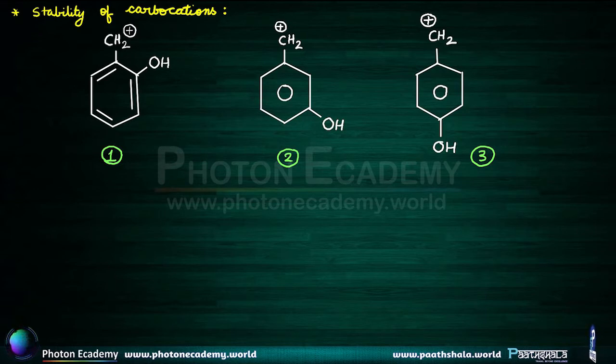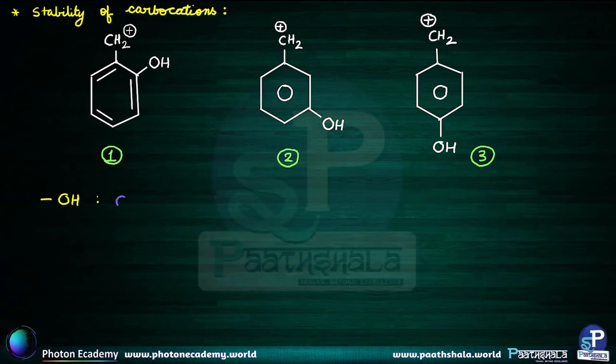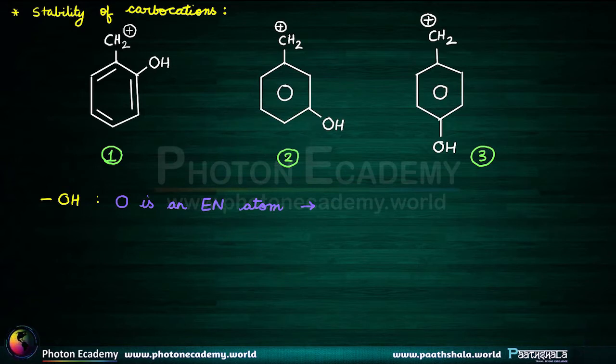So let us begin. Now what we notice first is that we have OH group, and in OH we have O, which is an electronegative atom, and we have been doing this for quite a while now, that if we have an electronegative atom, that group starts acting as an electron withdrawing group.